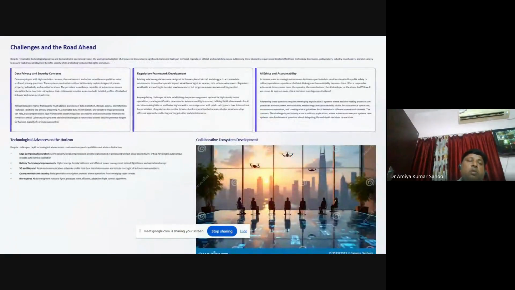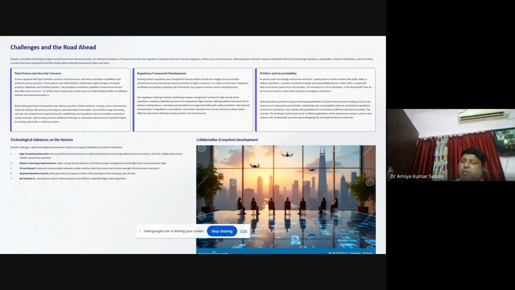If we see different sectors like challenges and the road ahead, in this case also drone technology plays a vital role, with data privacy and security concerns, which are very important, regulatory framework development, and AI ethics and accountability. The technologically advanced horizon. I can share these slides.